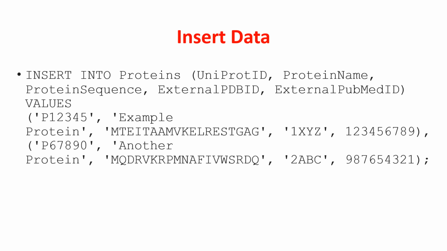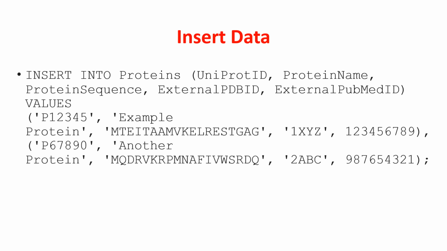For protein sequence, we have this value MTEITAAMVKELRESTGHE. That's the protein sequence. Then we have external PDB ID. We have 1XYZ, and we have the external PubMed ID, which is 123456789. So that's for the first set.